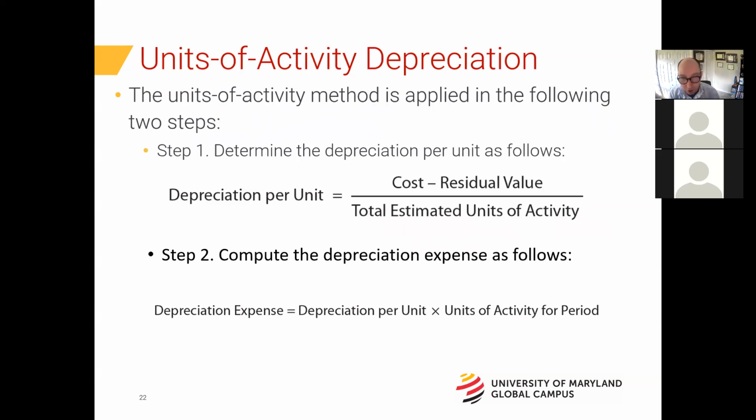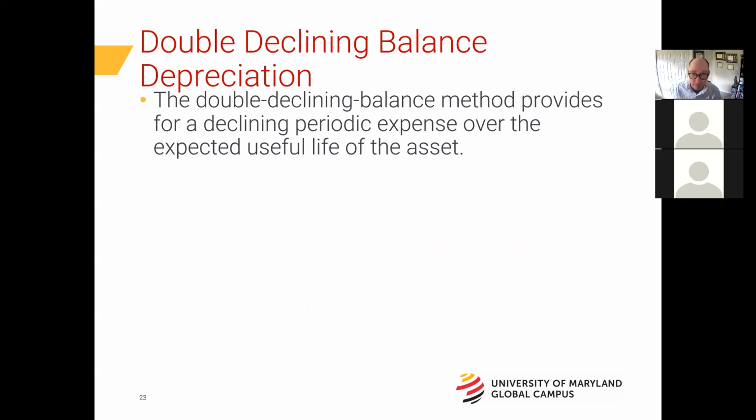For example, our forklift: 24,000 minus residual value 2,000 is 22,000, divided by 30,000 hours of total useful life. We take that depreciation per unit times the number of units per year to find the depreciation expense per year. That's units of activity. It's very straightforward.